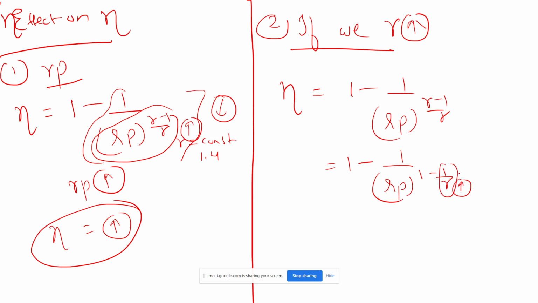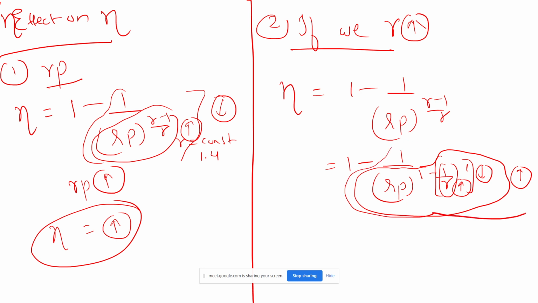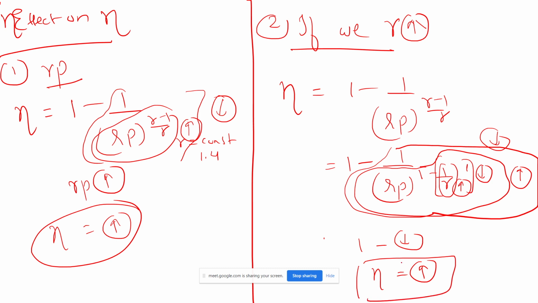This term will automatically decrease, because 1 upon gamma decreases, and 1 minus that decreased value is higher. So efficiency will increase. With an increase of both pressure ratio and the index, the efficiency of the Brayton cycle tends to increase. Is it okay for you?